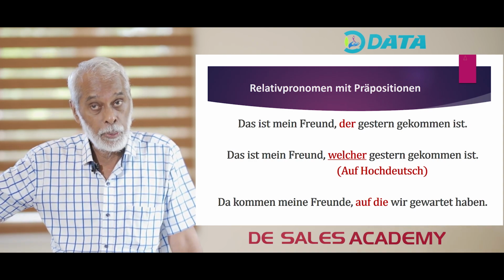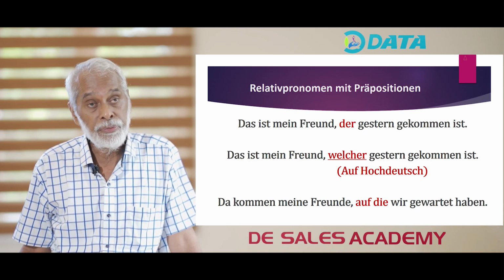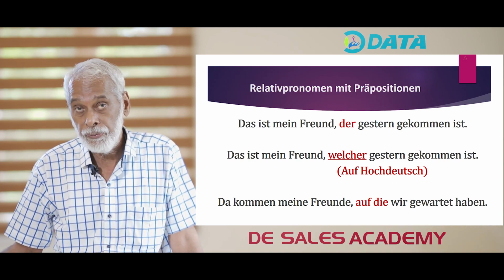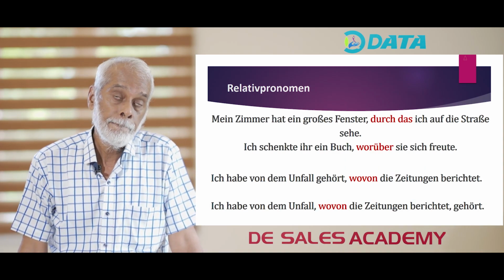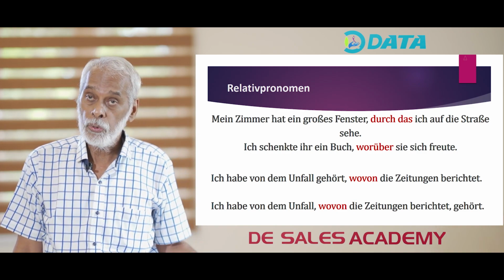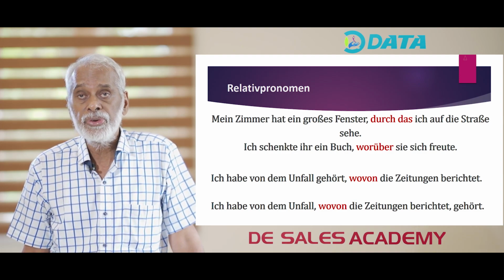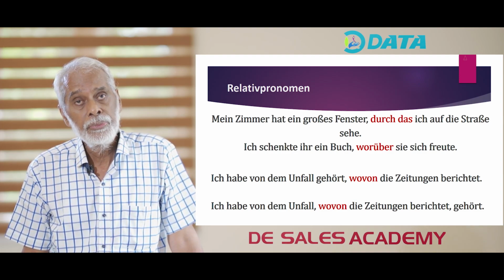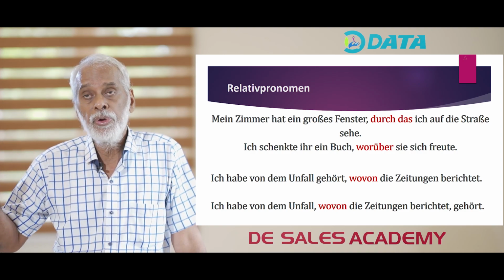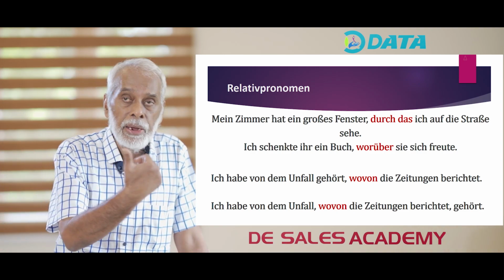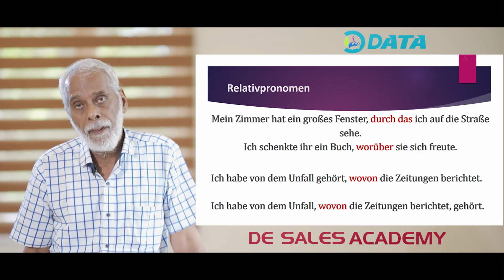Another example: Da kommen meine Freunde, auf die wir gewartet haben. There, the friends are coming for whom we have been waiting. Mein Zimmer hat ein großes Fenster, durch das ich auf die Straße sehe. My room has a big window through which I look to the street.